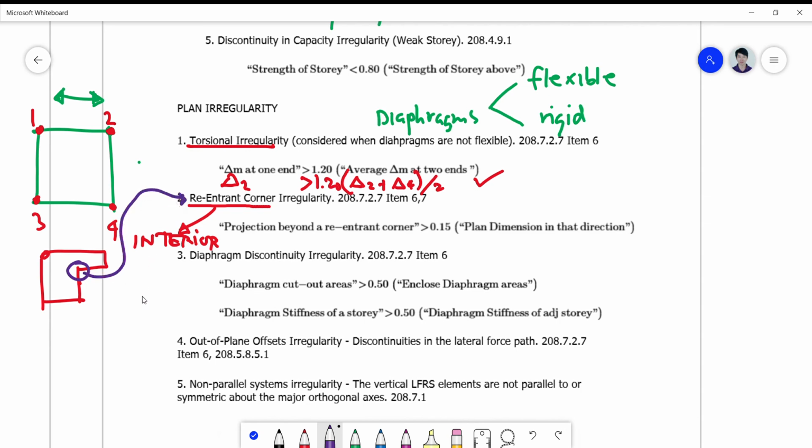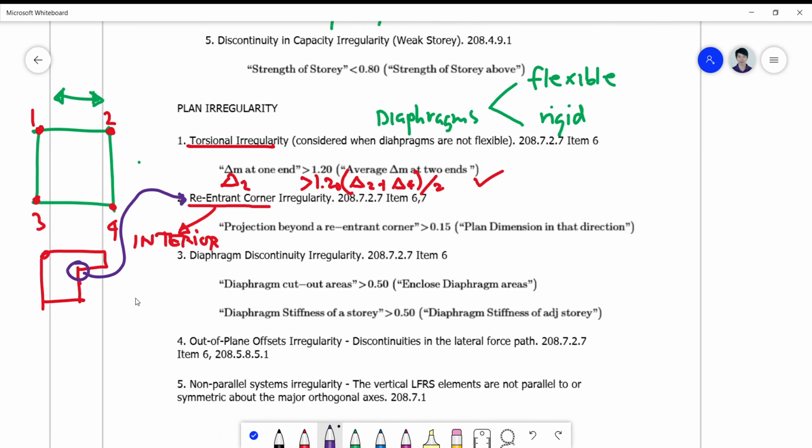So a building can have as many reentrant corners as it can, depending upon the design. And the National Structural Code of the Philippines and other codes do not want buildings to have a lot of reentrant corners. There is a saying that the simplest building is the safest building in terms of earthquake.